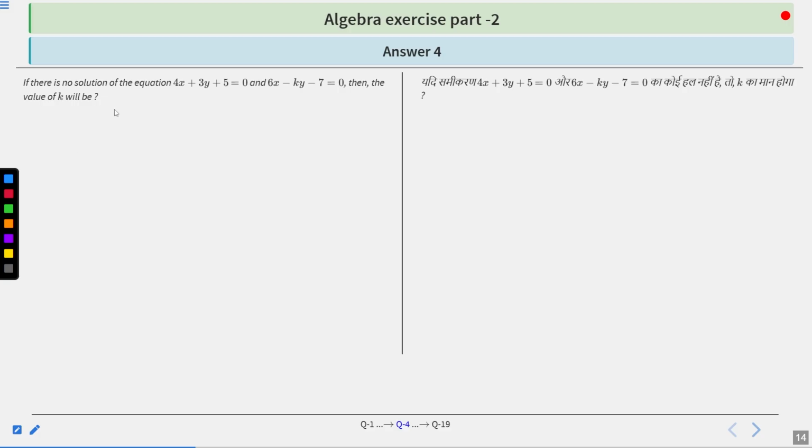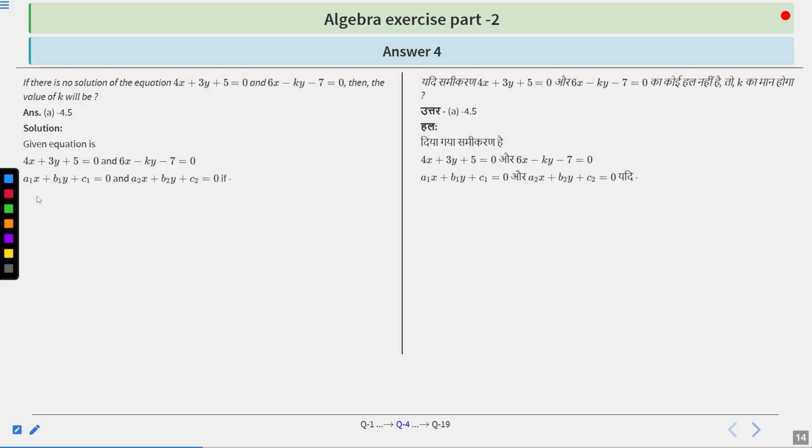So we were given the two linear equations, that is 4x + 3y + 5 = 0 and 6x - ky - 7 = 0, and we have to find the value of k. The standard form of linear equation is ax + by + c = 0.